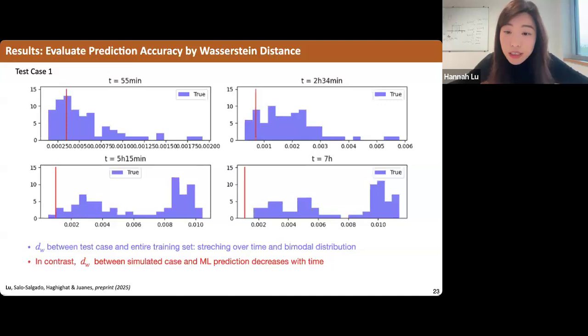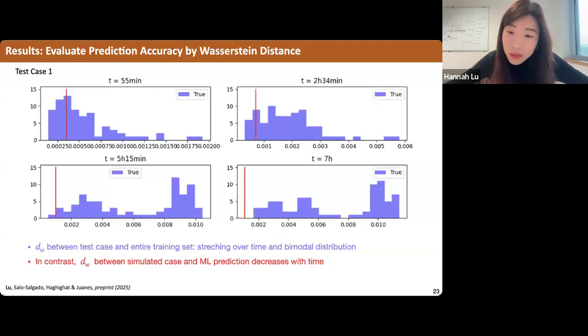The red vertical line is the Wasserstein distance between the test case simulation and the test case machine learning results. We see it as a better measure of accuracy because the previous point-wise error mostly comes from the distribution of fingers, and Wasserstein distance is a better measure for the plume migration. So we see that the machine learning prediction accuracy remains less than 10 to the minus 3, even when the diversity of the training data set spreads out over later times.